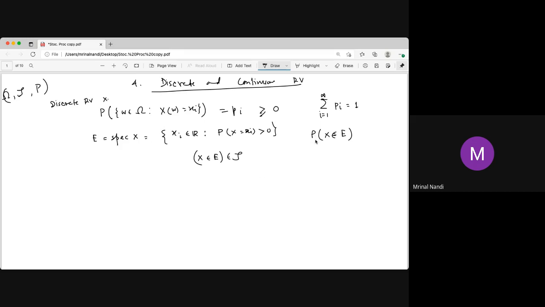That P is defined on the event space, and Px is defined on the Borel sigma algebra.